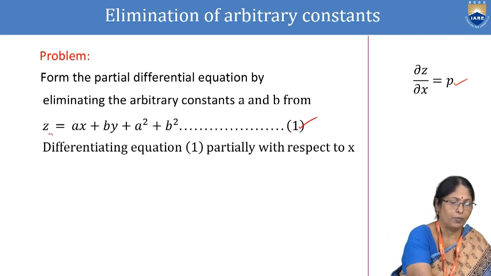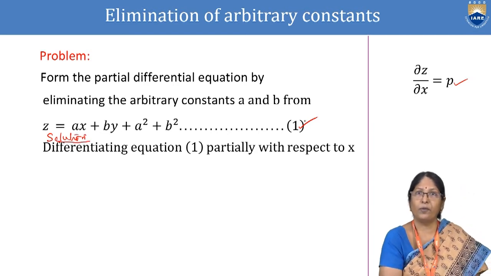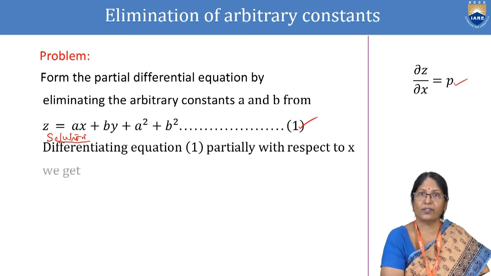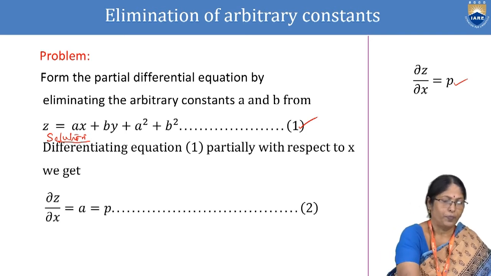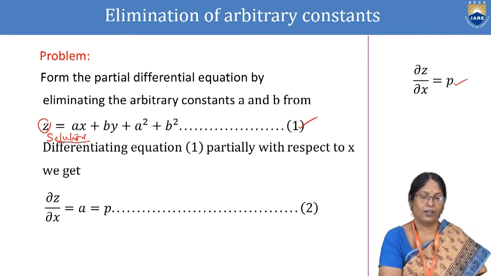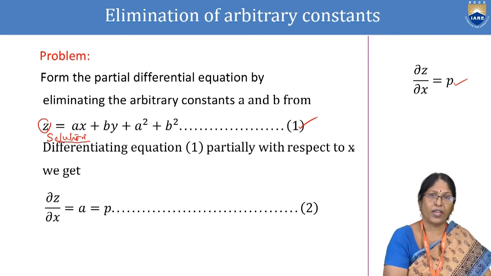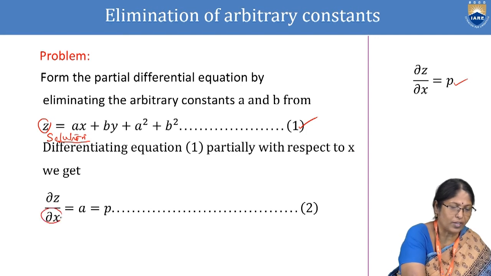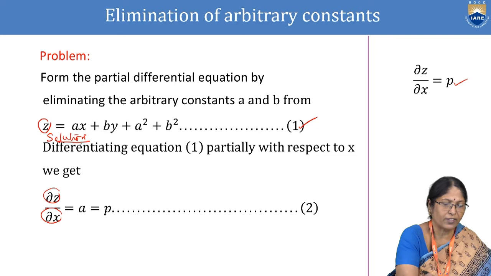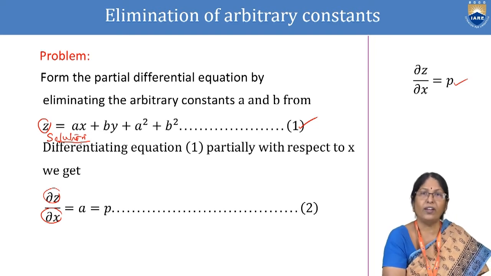So we can write it better here. This is the equation that we named as 1. So equation 1 partially with respect to x. Now the left side is z, and partially with respect to x means dou z by dou x. Wherever x is there, we will do the differentiation.